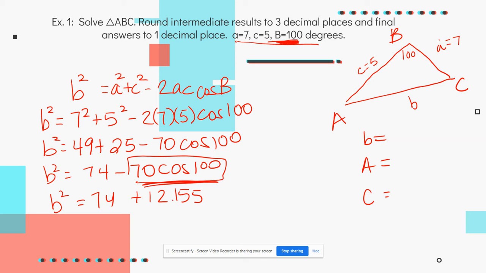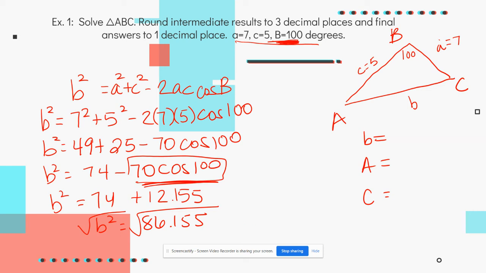All right, and then I'm just going to go ahead and add 74 to my current answer. And I'm going to get 86.155. Remember what I told you about making sure that you keep the answers on your calculator? Because now I'm going to go ahead and square root. So it's always best to use what's actually in your calculator because this is not limited to 0.155.